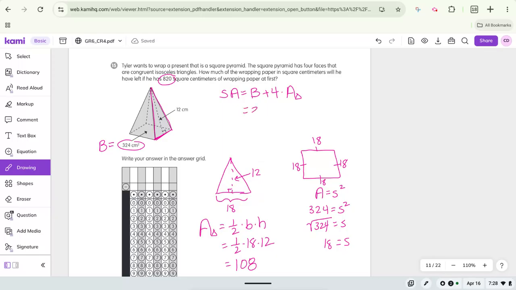The area of the base was given, that was 324, plus I have 4 triangles that all have an area of 108. Once again, don't forget to do multiplication before addition. So 4 times 108 is 432. And when you add 324 plus 432, you get 756.